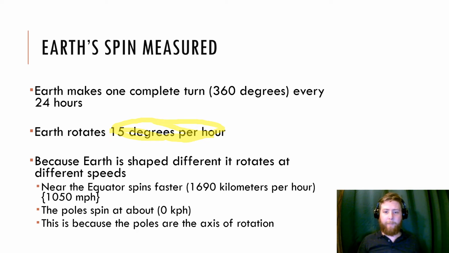Near the equator, it spins faster, around 1,050 miles per hour, while the poles spin at 0 miles per hour. This is because the poles are the axis of rotation. Because they are right at that spot of rotation, they're not moving, they're not changing their position. As you move further away, down towards the equator, it starts to get faster and faster.